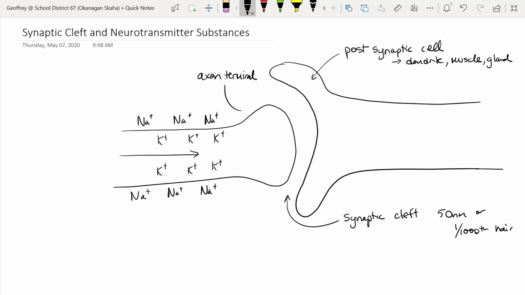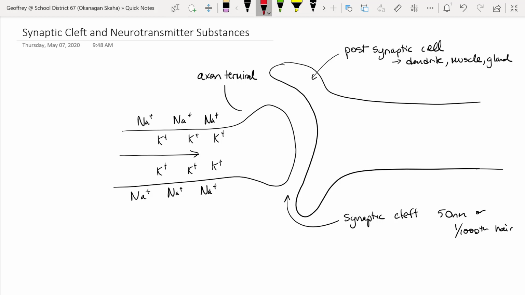Sodium is traveling through voltage-gated sodium channels and going inside the cell, and then potassium is being sent out by voltage-gated potassium channels, and that's repolarization. Then we use sodium-potassium pumps to get that back to what it used to be so that it's ready to be sent again. We know that from our last lesson.